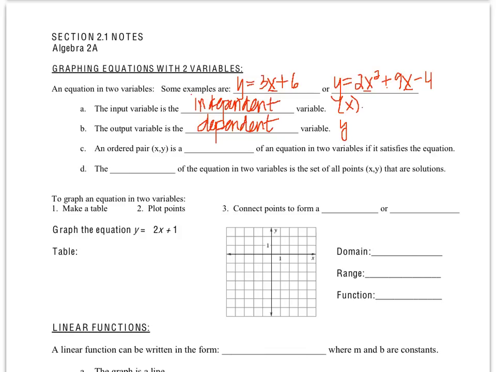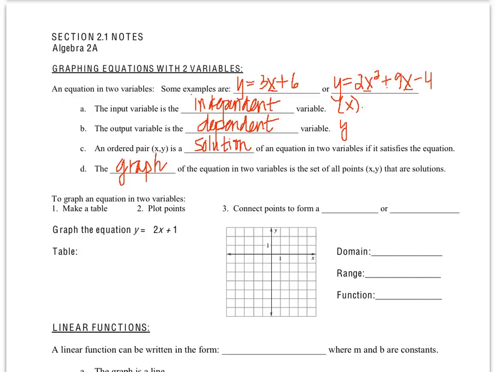Now, the ordered pair (x, y), we consider that a solution. So I plug in an x, and I get out a y, and I can write that as a point. The graph of these equations in two variables is the set of all points that are solutions. So I can decide which points work and then make a graph based on that.